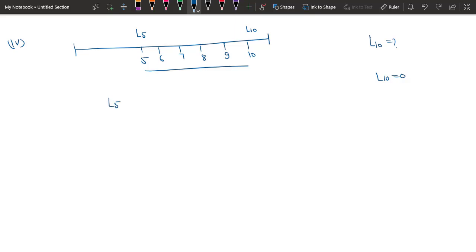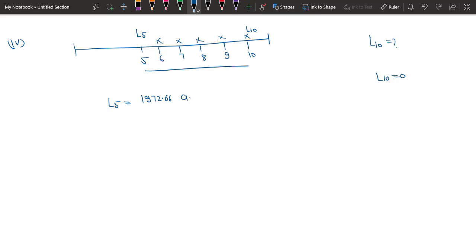Now we calculate L5. So the value of L5 will be the present value of future payments. That means payments here, here, here, here, and last payment at time 10.